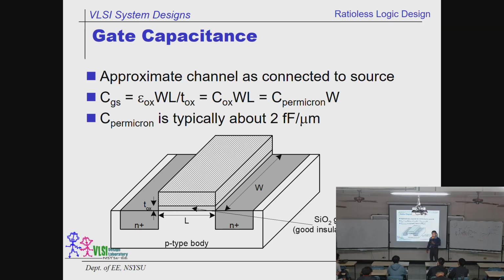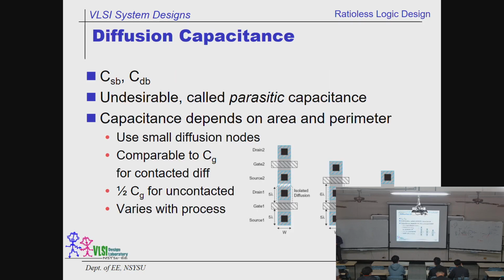It's called the capacitance per micron. Per micron is typically about, every 2 micron we'll get 2 femtofarad. This is how it is simplified to estimate the parasitic capacitors. This is called gate cap.